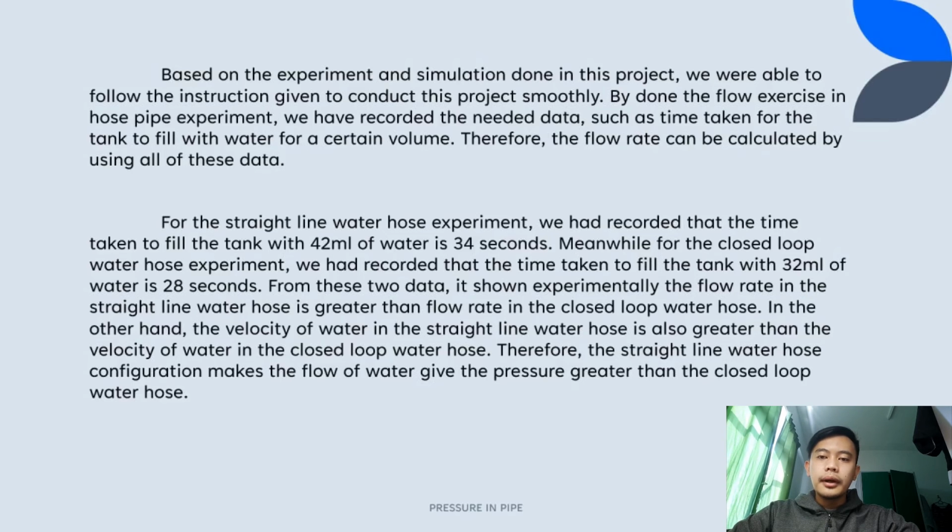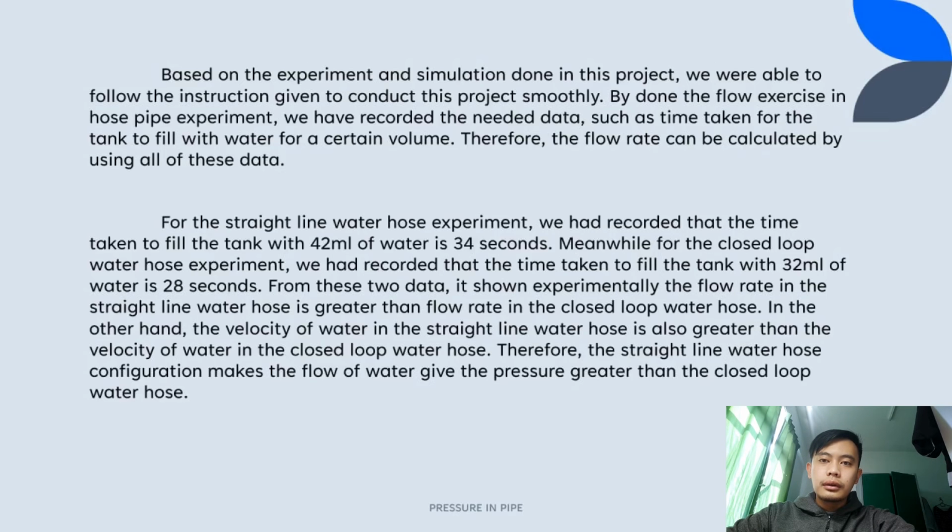Therefore, the flow rate can be calculated using this data. Since there are two configurations of pipe in this experiment, for the straight line water hose experiment, we recorded that the time taken to fill the tank with 42 ml of water is 34 seconds.